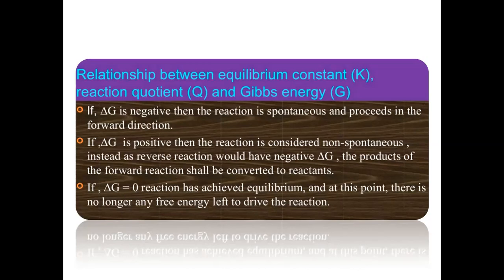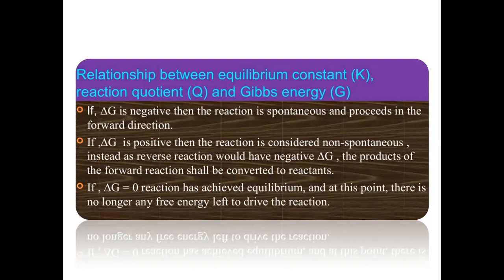You must know about this concept. The explanation of delta G, which is the change in Gibbs energy, we will do in the chapter thermodynamics. But here you should know about the relationship between delta G, equilibrium constant, and Gibbs energy. So if it is positive, the reaction is considered to be non-spontaneous and will proceed in the reverse, it means backward direction.